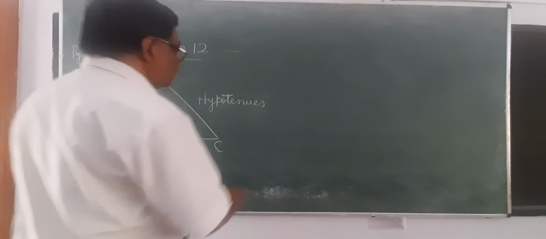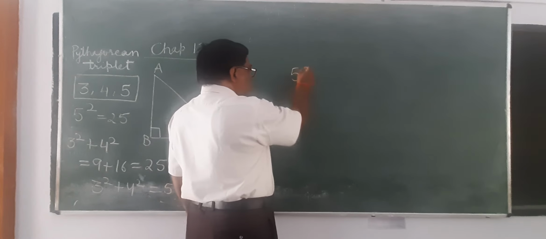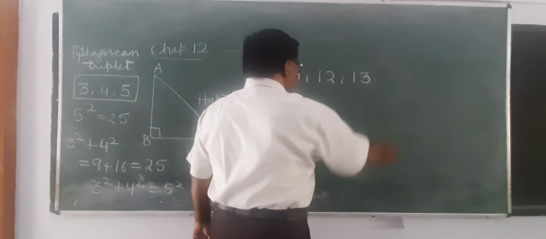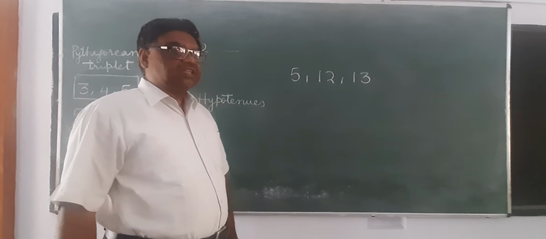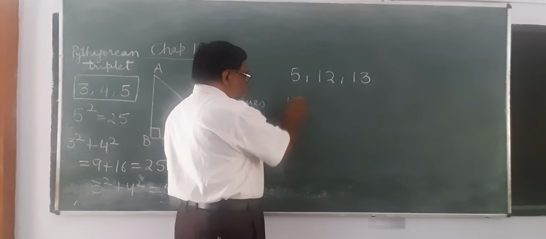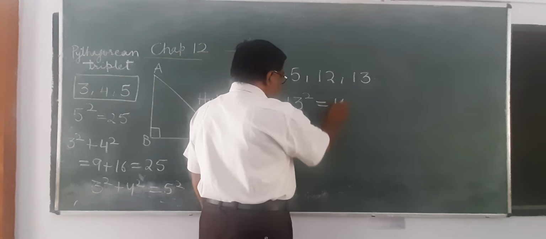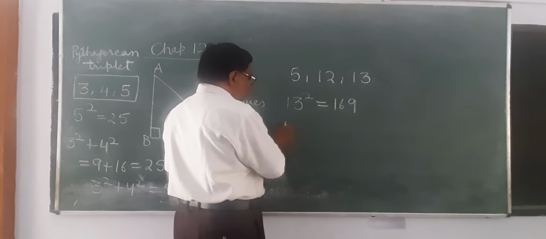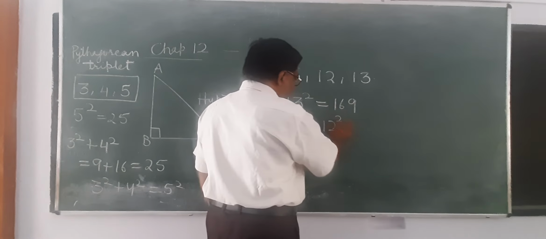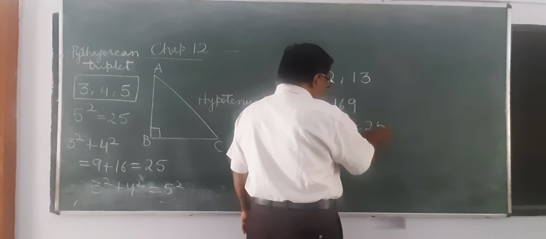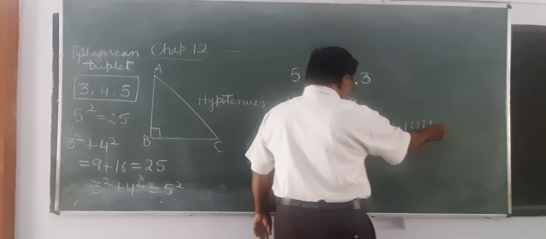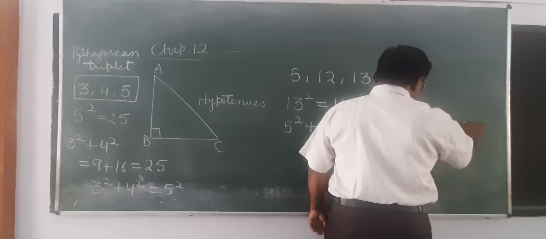Now suppose here you have to check whether these are the sides of a right angle triangle or not. So you find out 13 square, that is 169. Then you find out 5 square plus 12 square, 25 plus 144, that is 169.